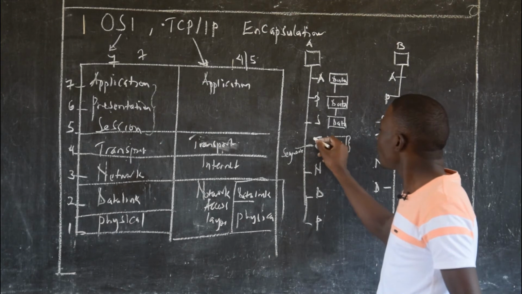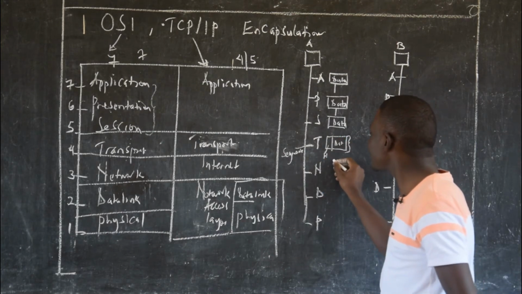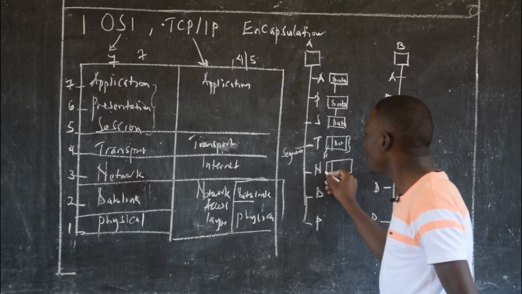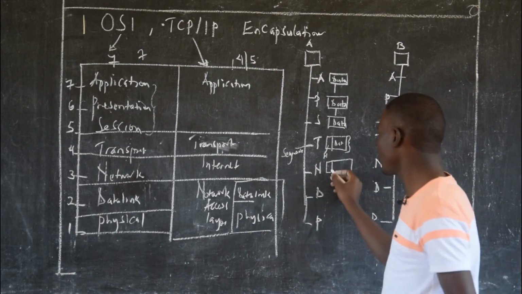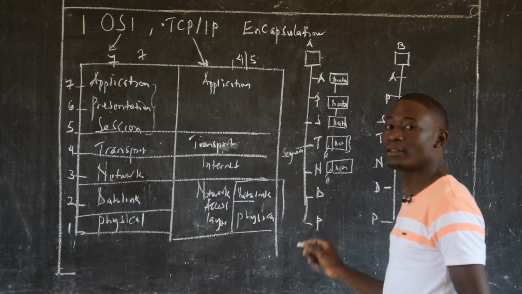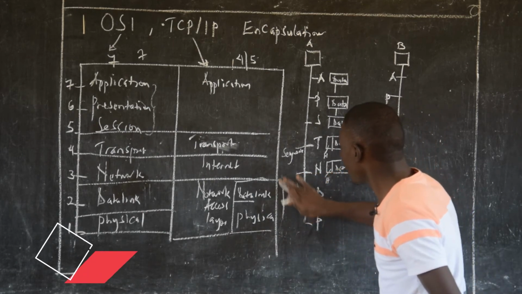Then, when the transport layer sends this to the network layer, it is also going to see it as data, the whole of it. Then it will add a header again. So the whole of this one is going to become a packet.